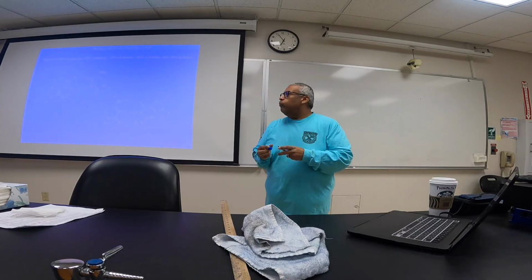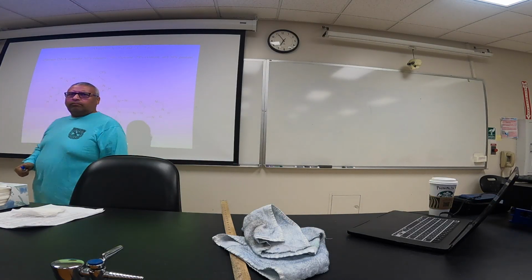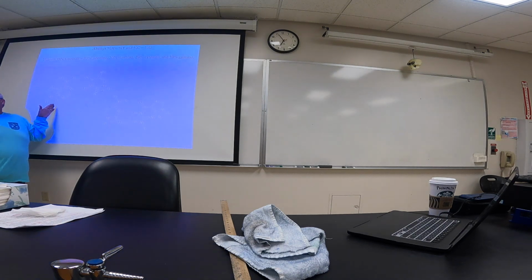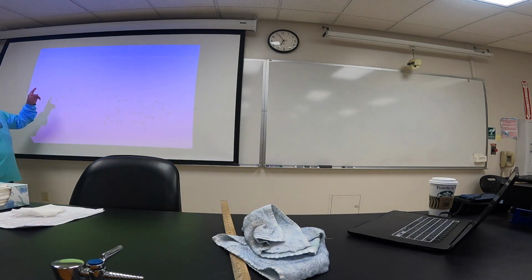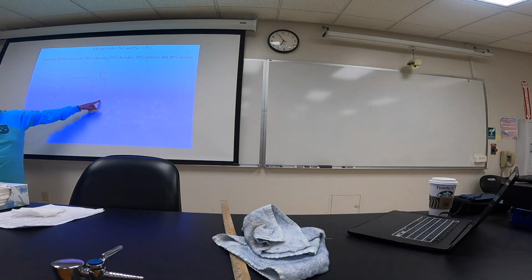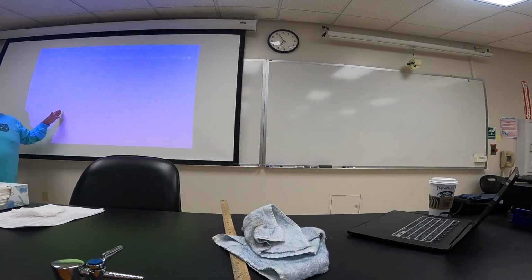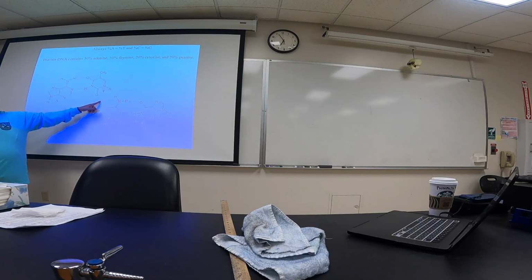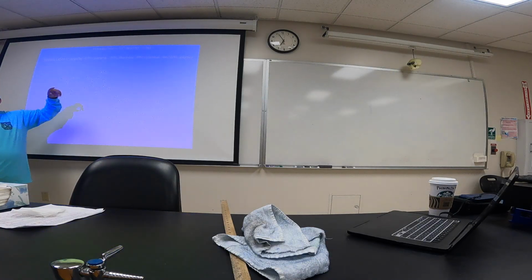Because of the complementary base pairing that occurs here, if my nucleic acid contains 30% adenine, and this only bonds with thymine, and none of them are going to be left unbonded, it makes sense that if 30% of my nucleic acid is adenine, then the other 30% must be thymine.